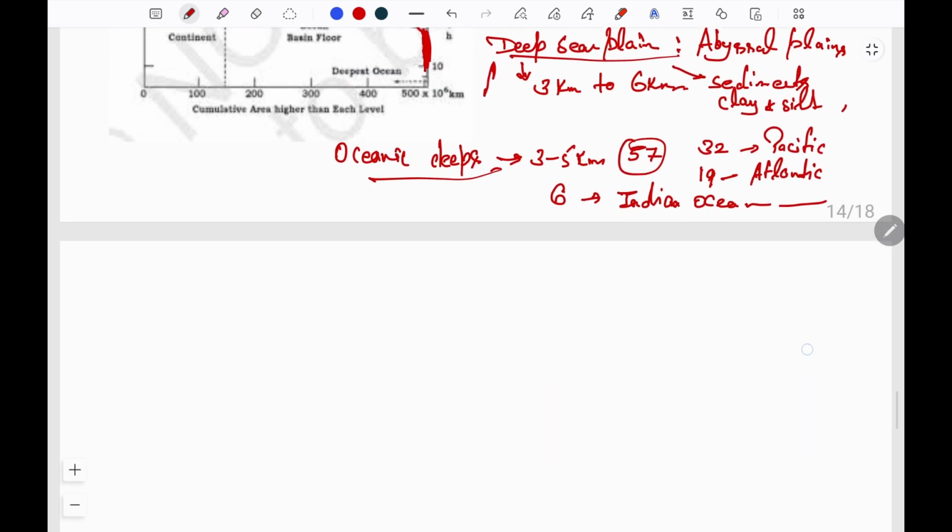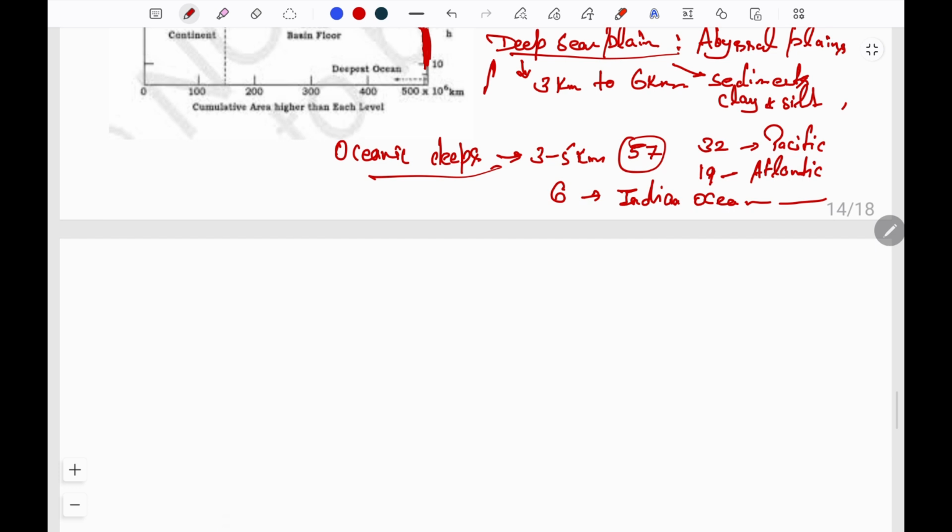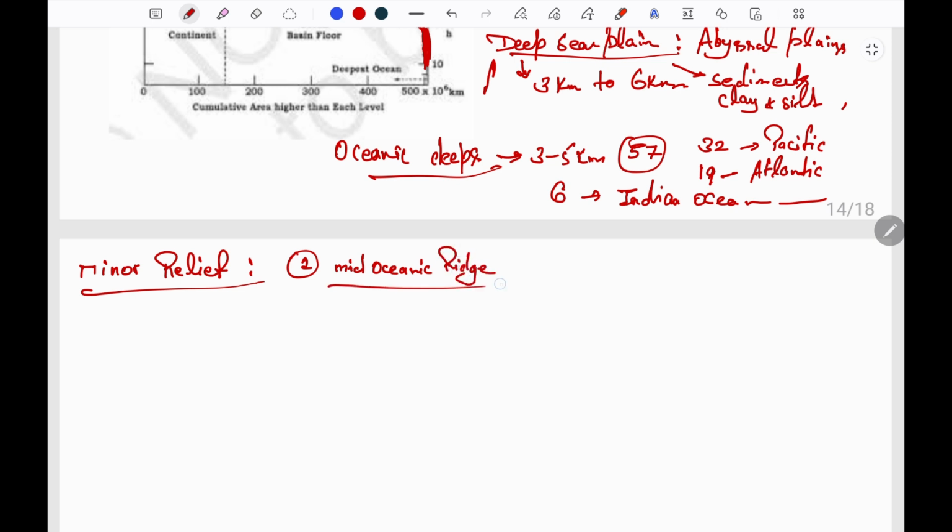Now moving on to the minor relief features of the ocean. First one is mid-oceanic ridges. These are long, continuous mountain chains present on the ocean floor, and they sometimes become as high as 2,500 meters, and even reach the ocean surface.